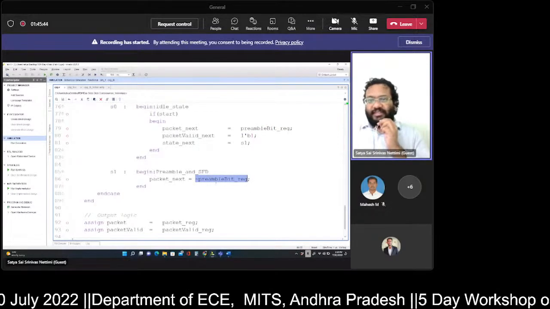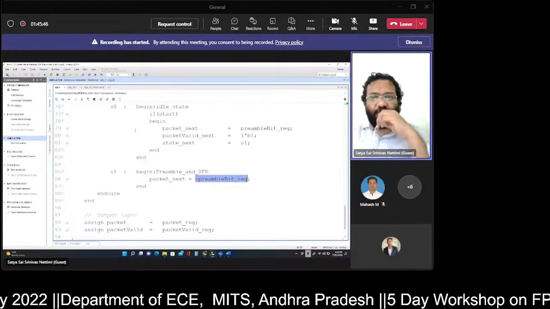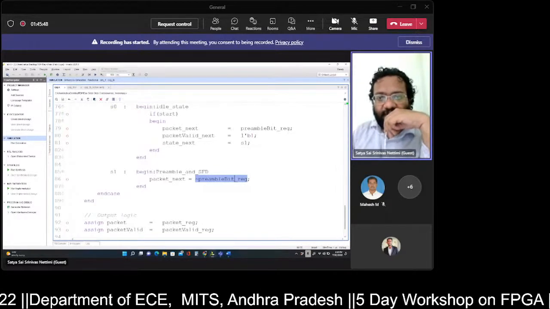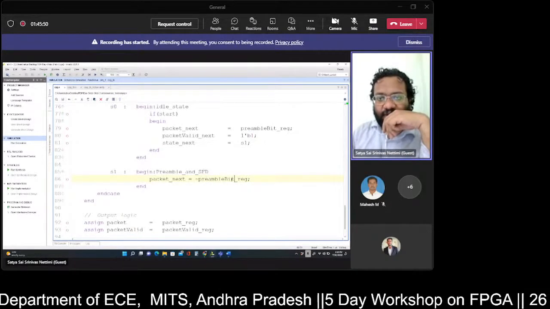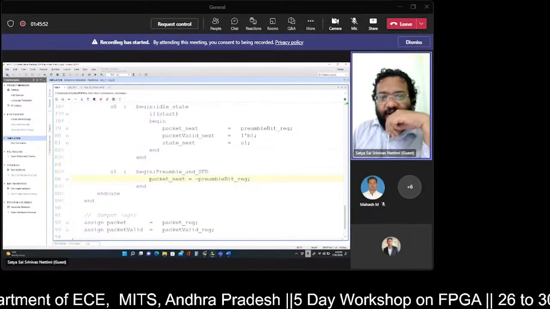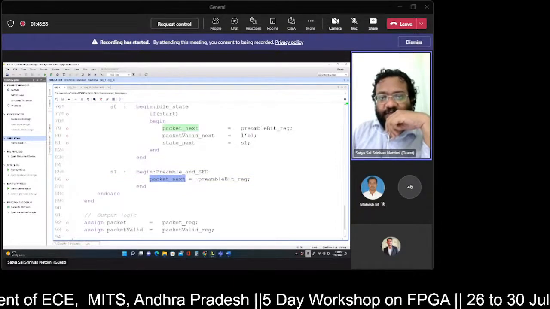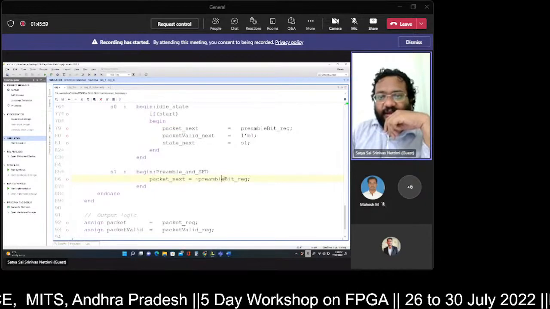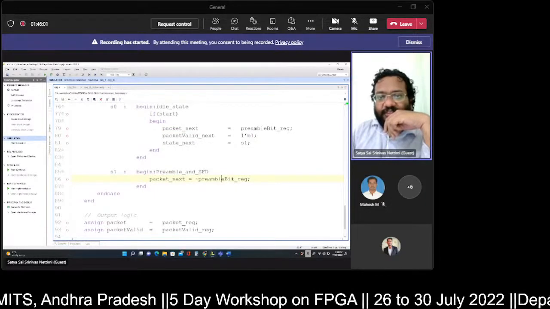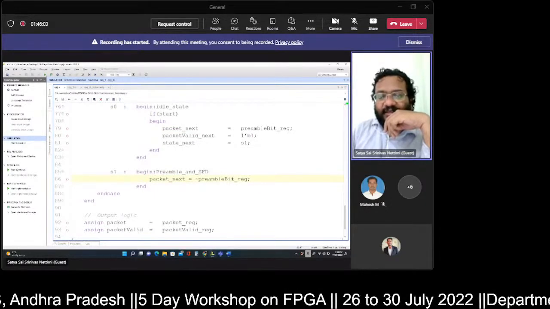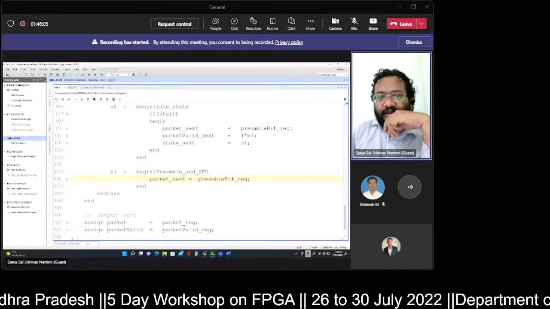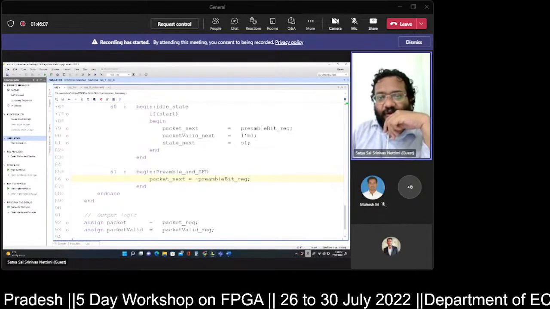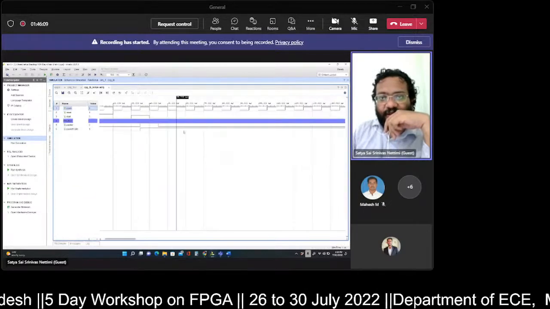But by default the value in this register is 1. That value we negated, so we got the second bit to be 0. And we are not updating the register. Since we are not updating the register, the same value 1 is getting negated, and all the time we are getting 0 over here.